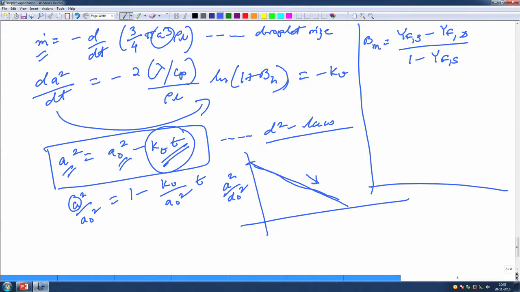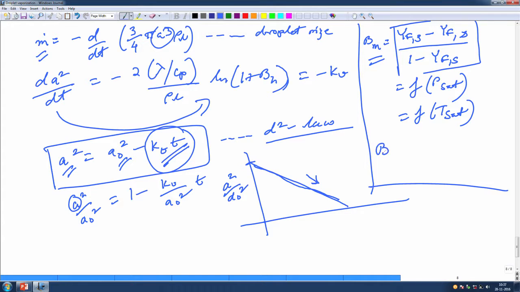As you know, this is a function of the saturation pressure, which in turn is a function of the saturation temperature, because P saturation and T saturation are related to each other. So, the Spalding mass transfer number is given in terms of this. So, ideally Bm should be equal to Bh.